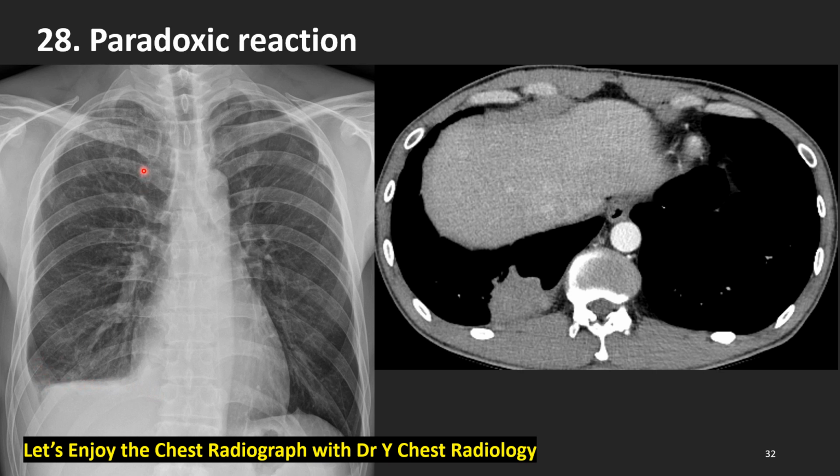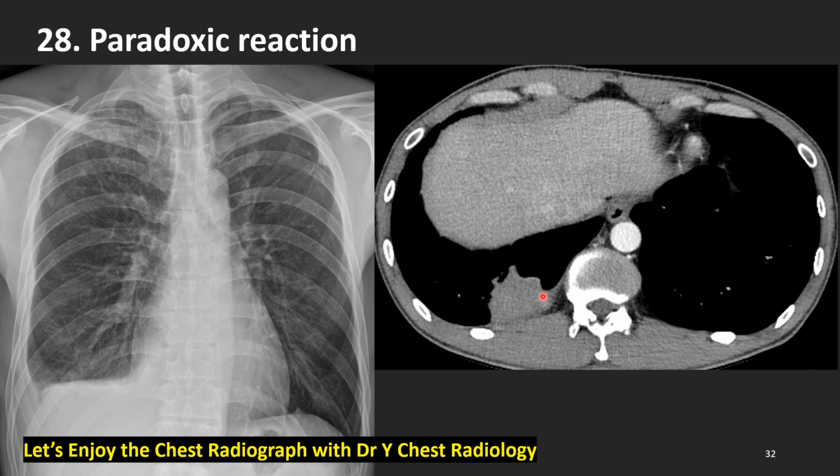Yes, this is TB. Have you ever heard the name paradoxic reaction? That is paradoxic. Clinically, and the general findings of radiology are getting better and improved, but some special points, usually lymphadenopathy or like this patient, a pleural lesion, pleural empyema is getting worse on image, getting worse of lymphadenopathy on image only.